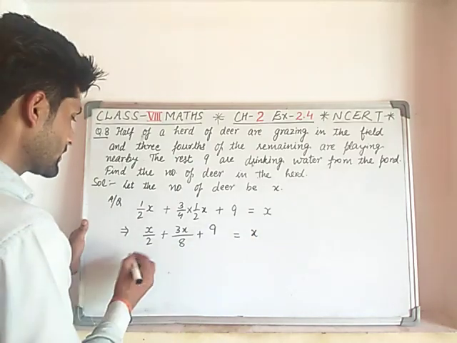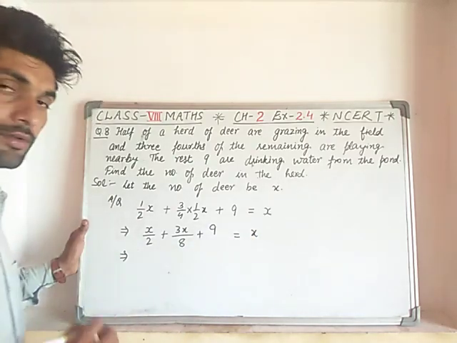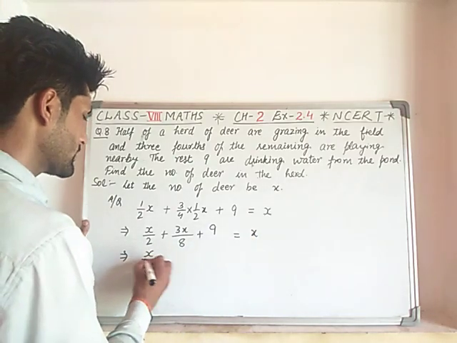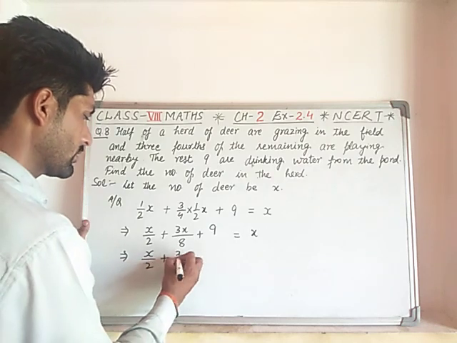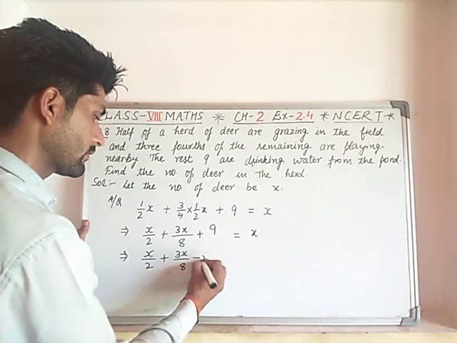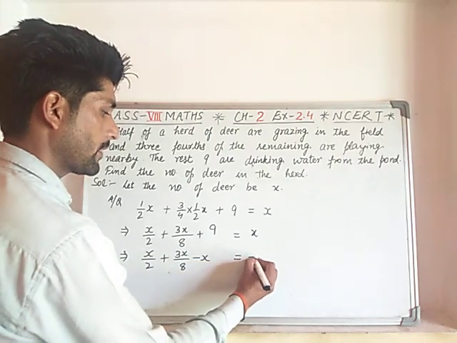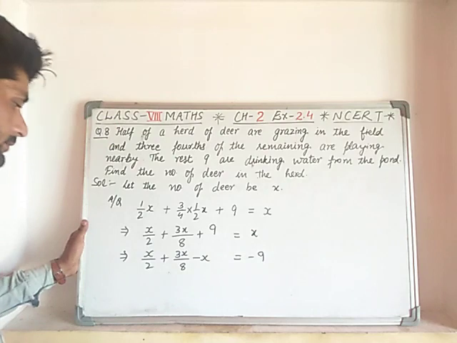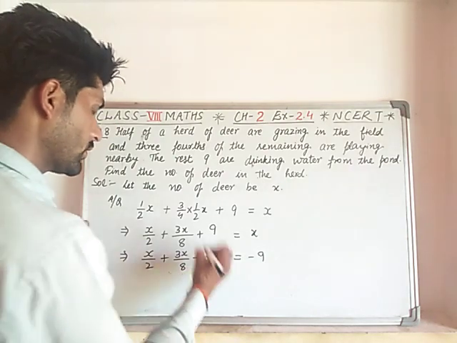Now we can bring this x to this side. So it will be x/2 plus 3x/8 minus x is equal to minus 9.